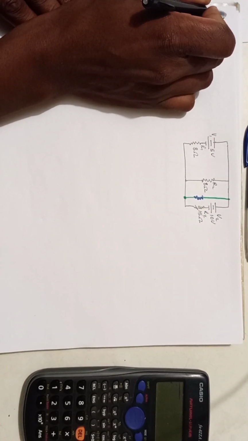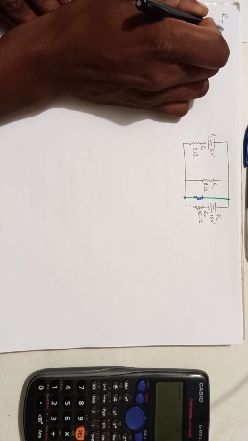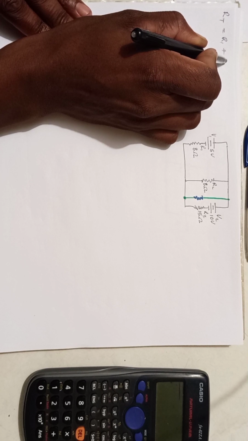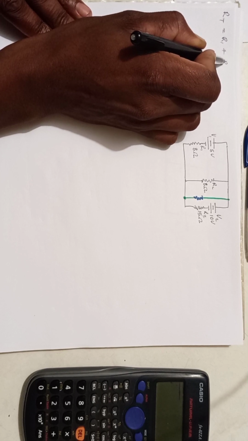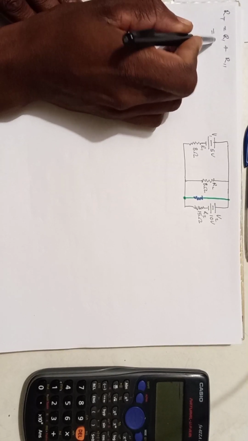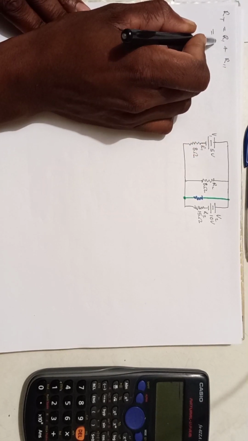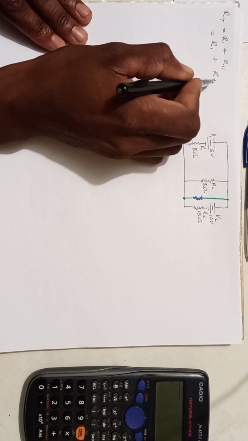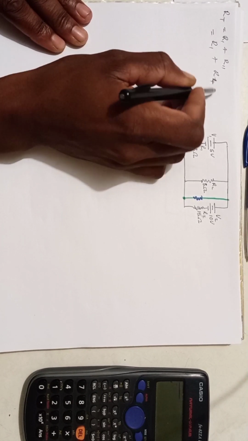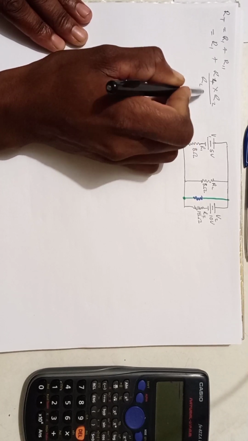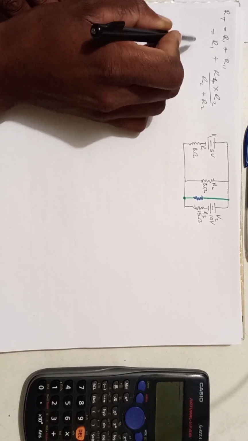So let's write the formula for the total resistance. It will be R1, the resistor in series, plus R parallel. Remember, R parallel is gonna be represented by R load times R2 divided by RL plus R2.